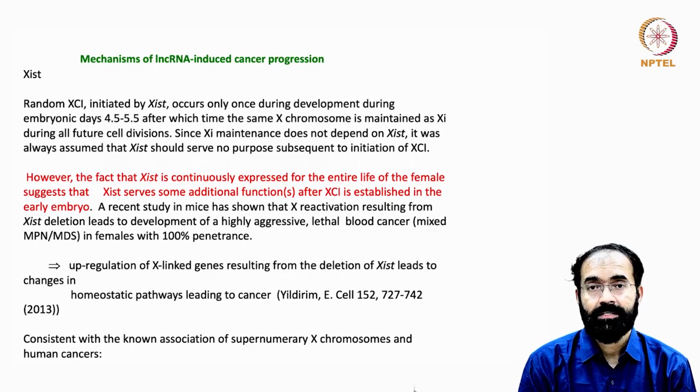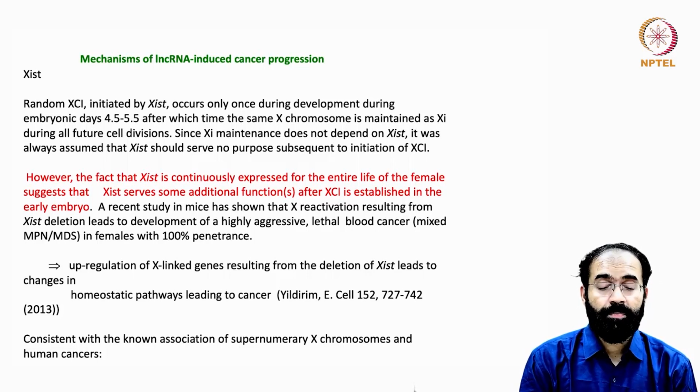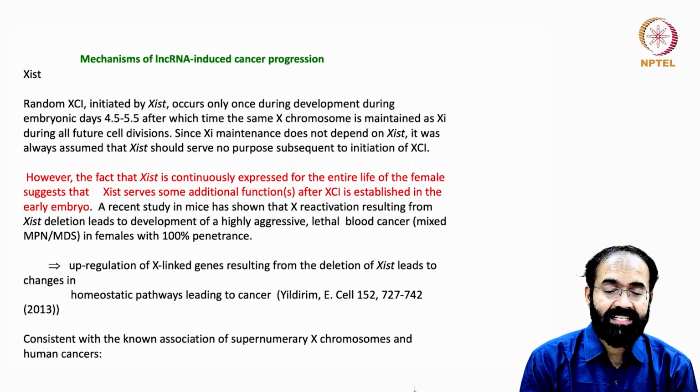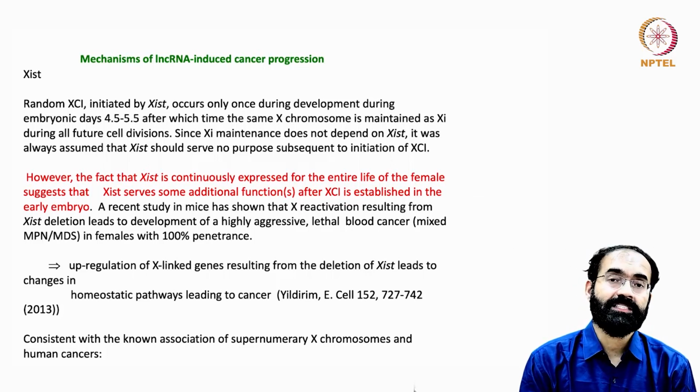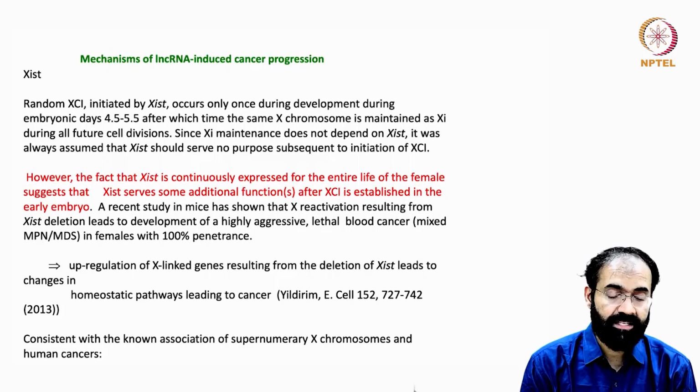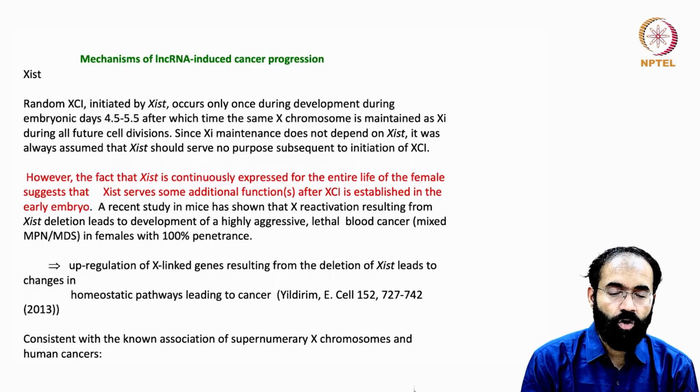Everyone has the same phenotype. So the upregulation of X-linked genes resulting from the deletion of Xist leads to changes, because if the X chromosome is activated, then gene expression also happens from this active X chromosome, and they are important. This aberrant activation causes changes in the homeostatic pathways leading to cancer.